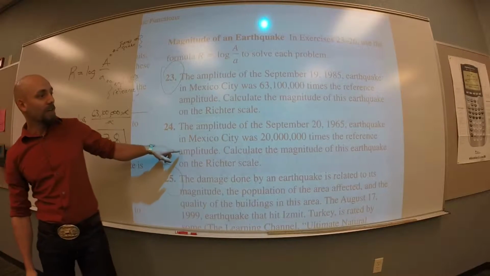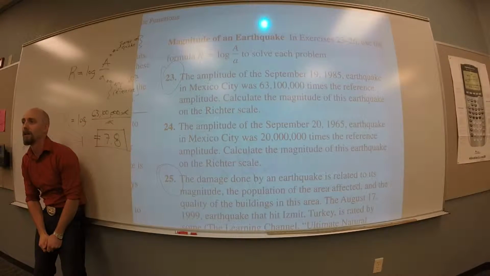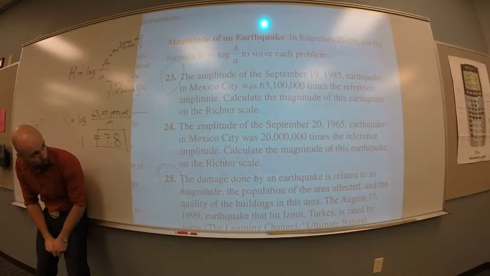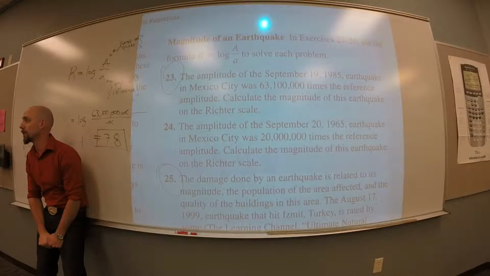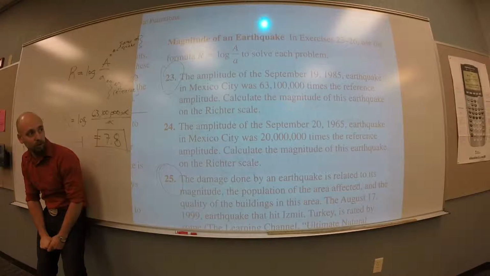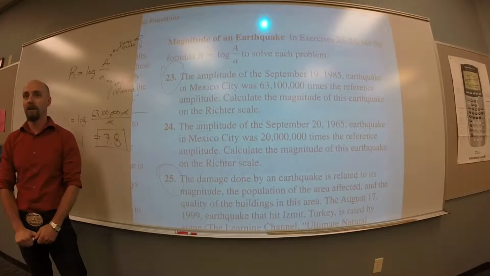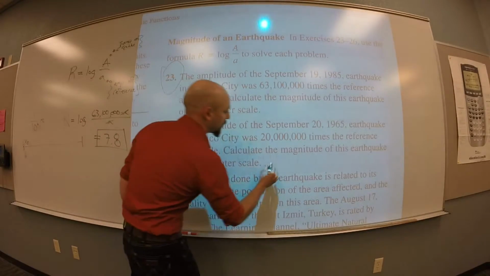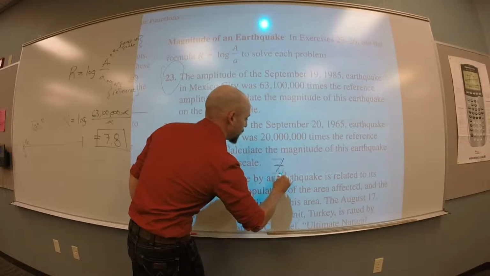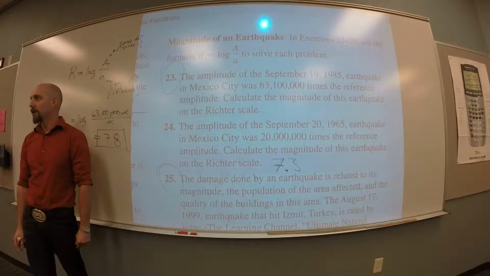Okay, so what if I did number 24? It's basically the same thing. What's the answer to 24? It should be the log of that 20,000 number, which gives me 7.3. You guys see that?